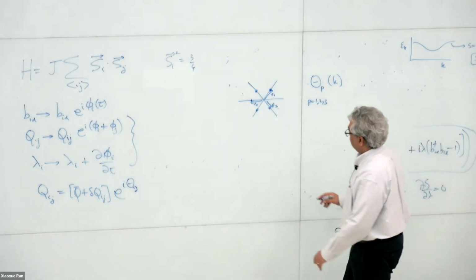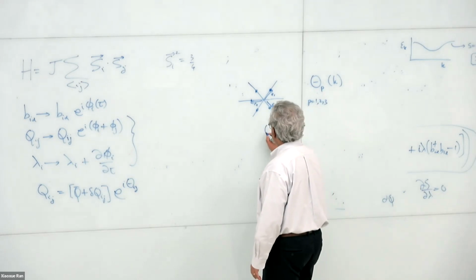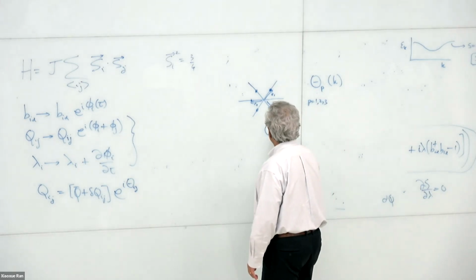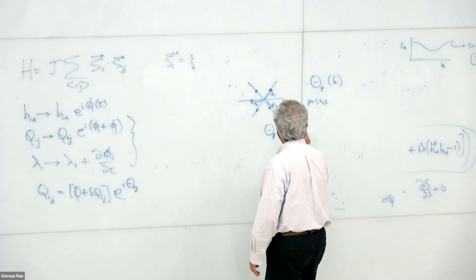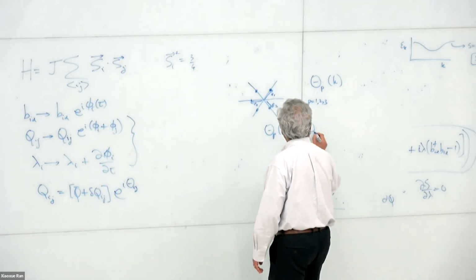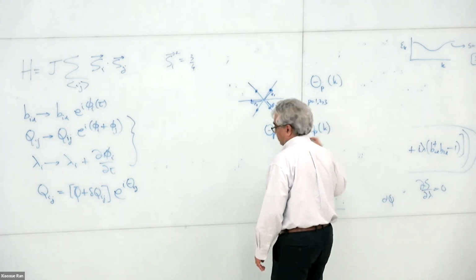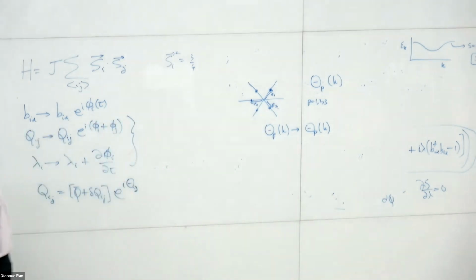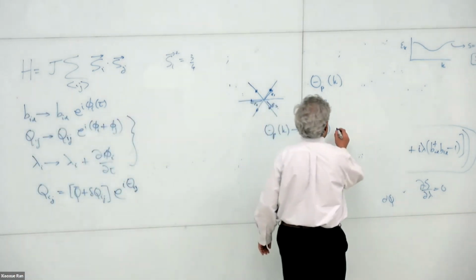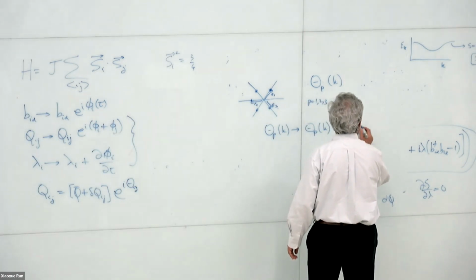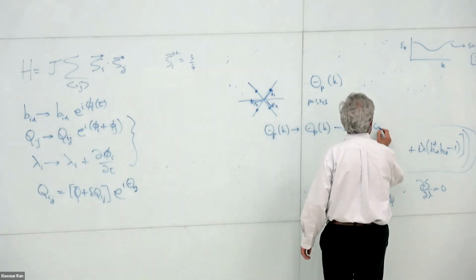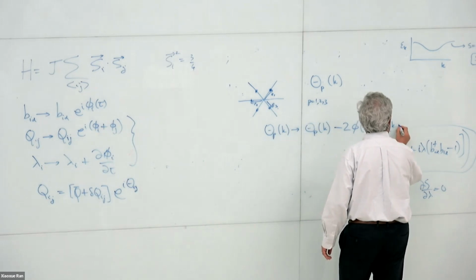Then you can look up the gauge transformations of theta_P. Theta_P of K under gauge transformation will go to theta_P of K minus 2 phi of K cos(K dot E_P over 2).